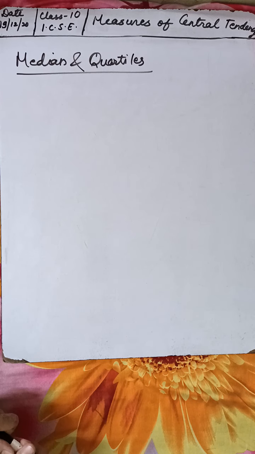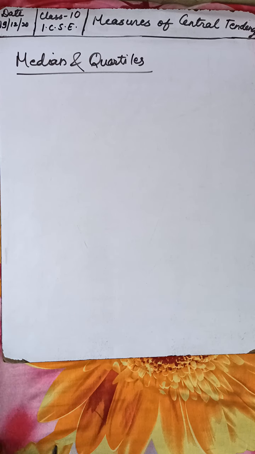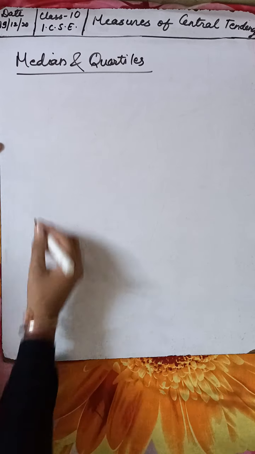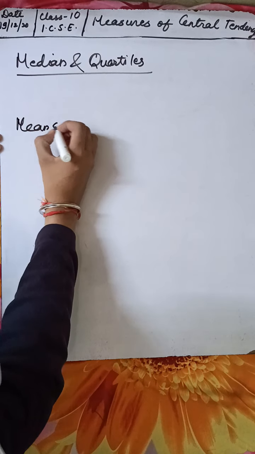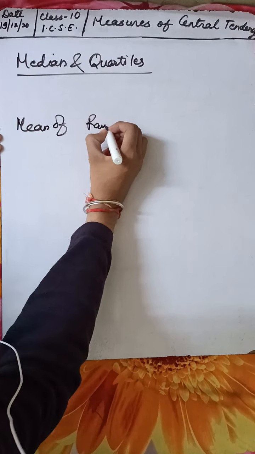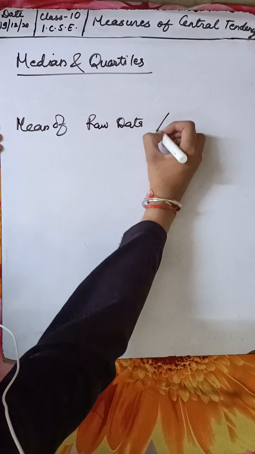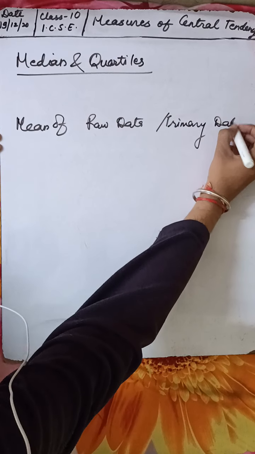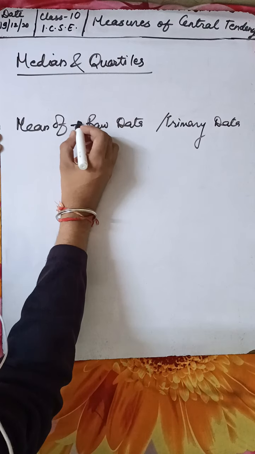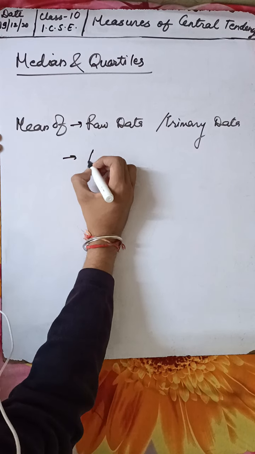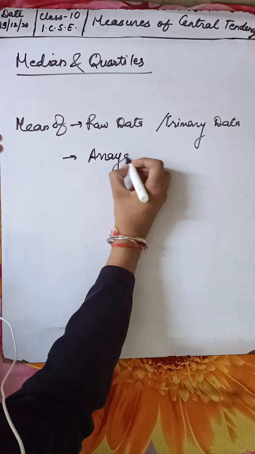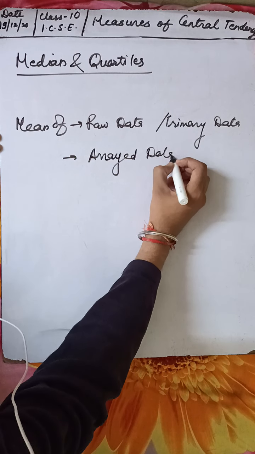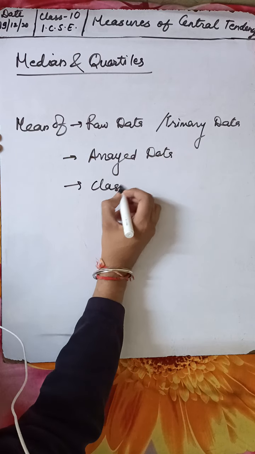Similarly, as we have seen in the mean for the raw data, or we say the primary data, and then for the arrayed data, and then for the classified data.